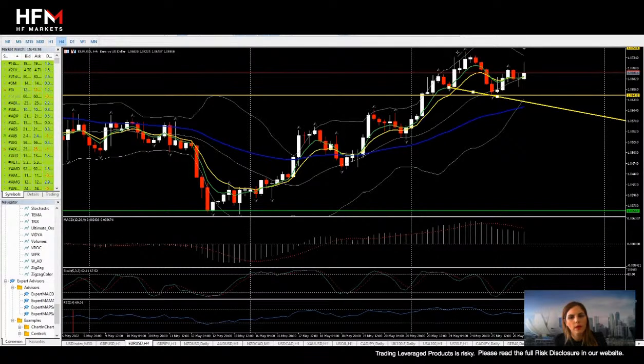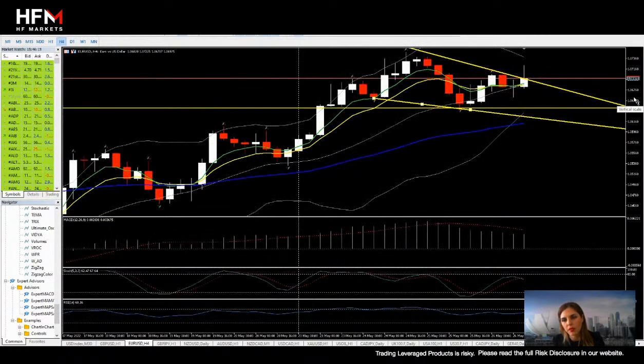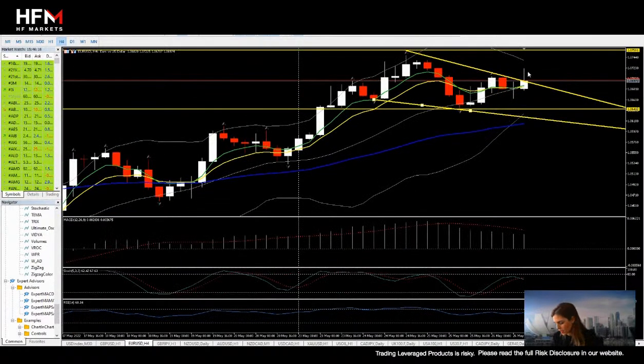Here, here. So it looked like, sorry, I need to connect the fractals. It was like a descending triangle and is now retesting it. Interesting, because if it manages to break above it and extend, that would be the next resistance area, the 107.58. So around 60 pips higher.